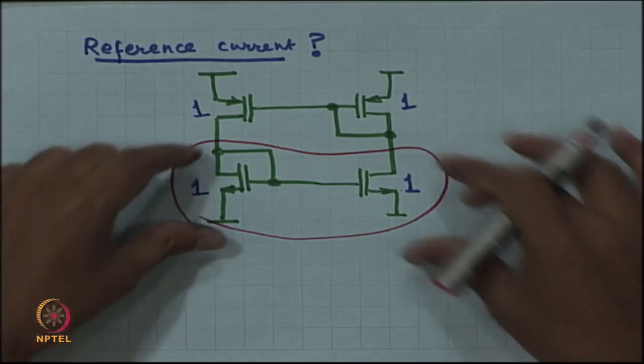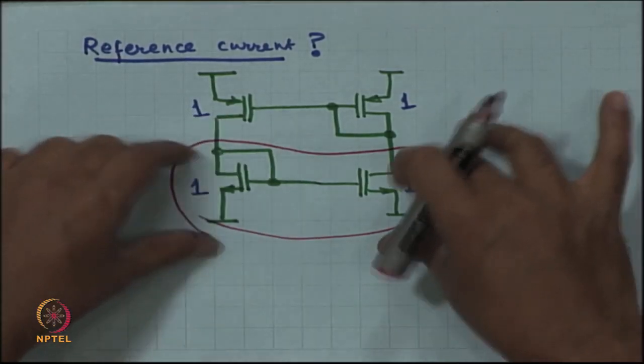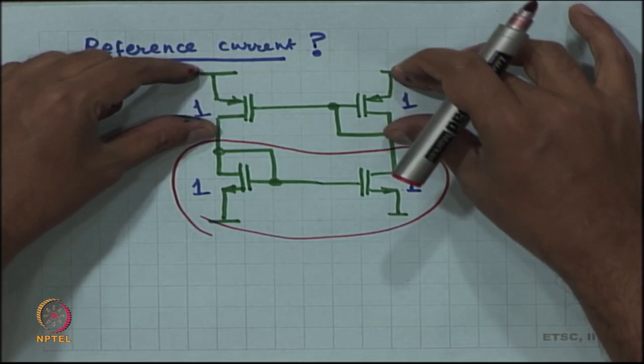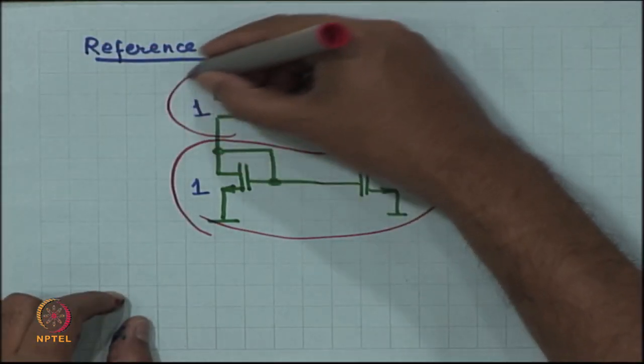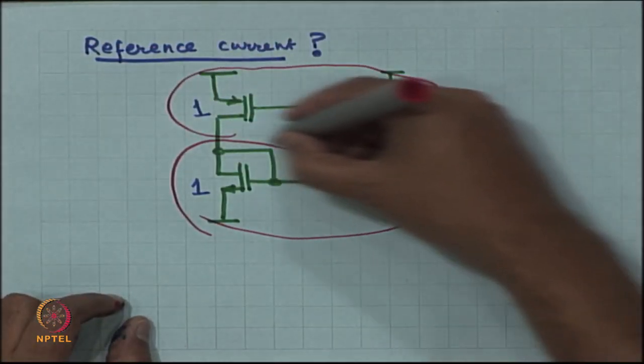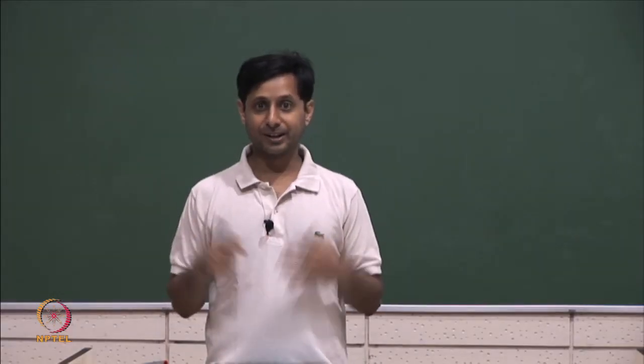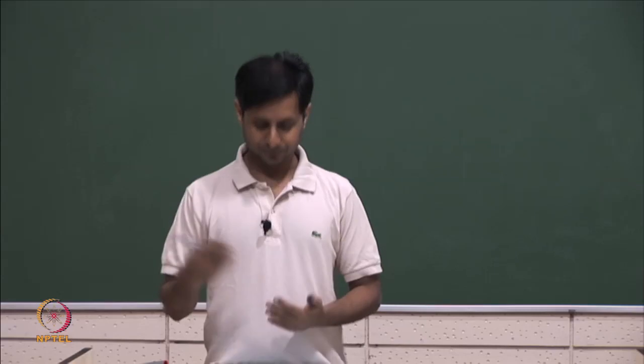Because when you use these, this is a block, this is a current mirror block, alright. This is also a current mirror block and you have to identify these blocks. You can't start treating every device on its own and looking at its characteristics and so on, that is no longer, I mean you are no longer in class 10, right? You are not in class 10, class 11, class 12, right? You are studying engineering, you have to move ahead.